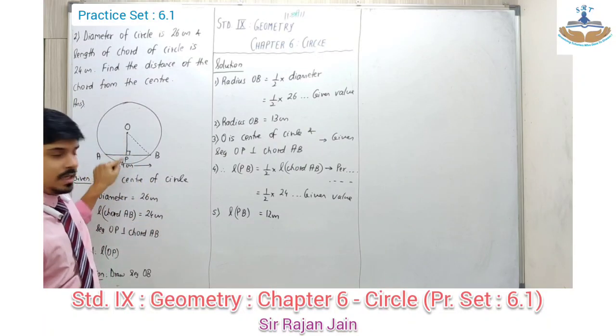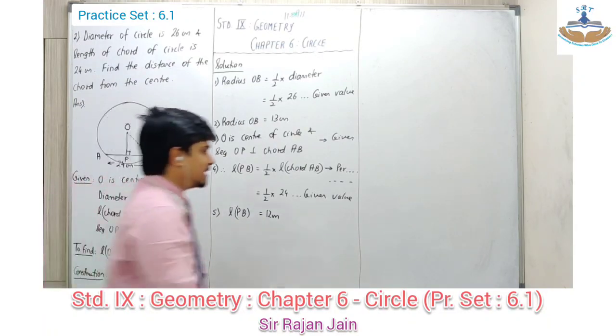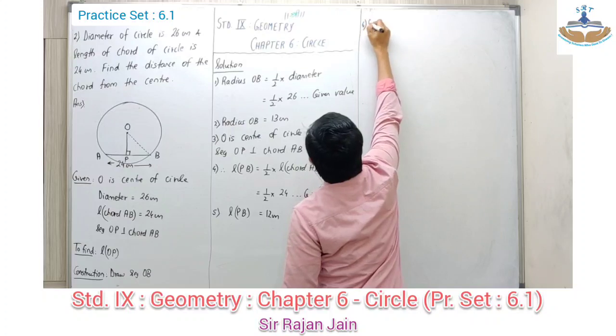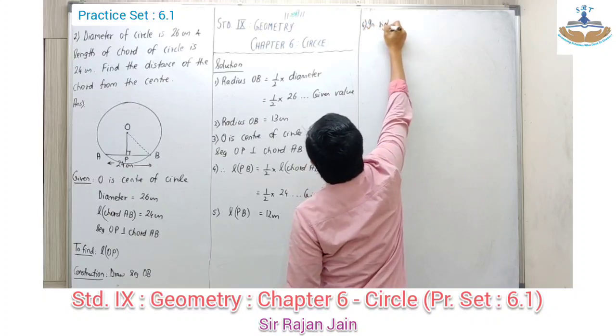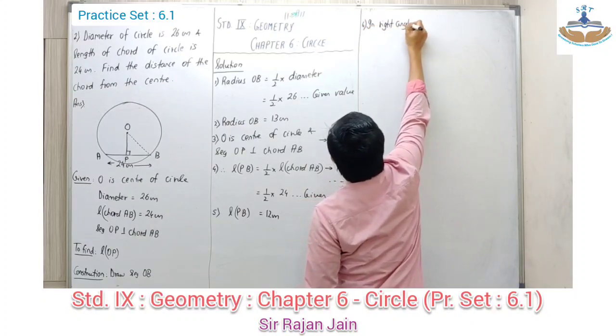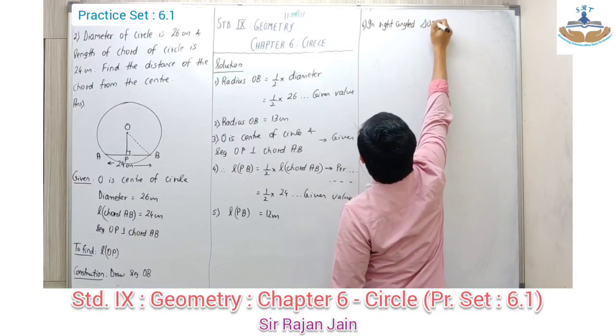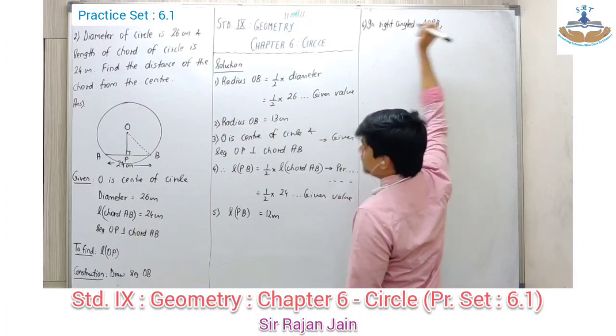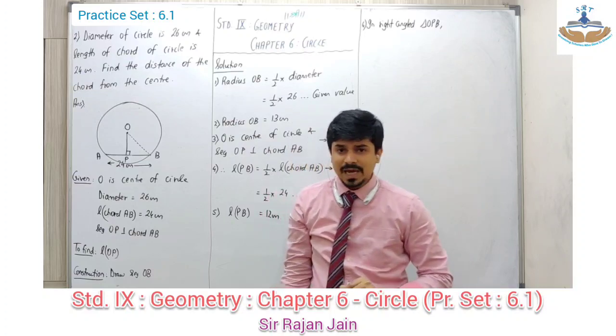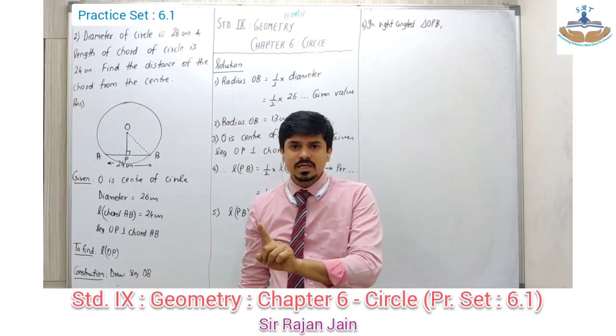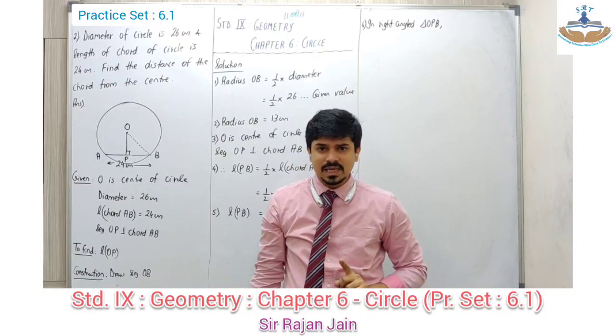Now I want OP and I'll get OP by applying Pythagoras theorem. So look here. I'll say in right angled triangle OPB. As I told you in the previous sum, there are two ways of applying Pythagoras theorem. One is hypotenuse square equal to one side square plus other side square.